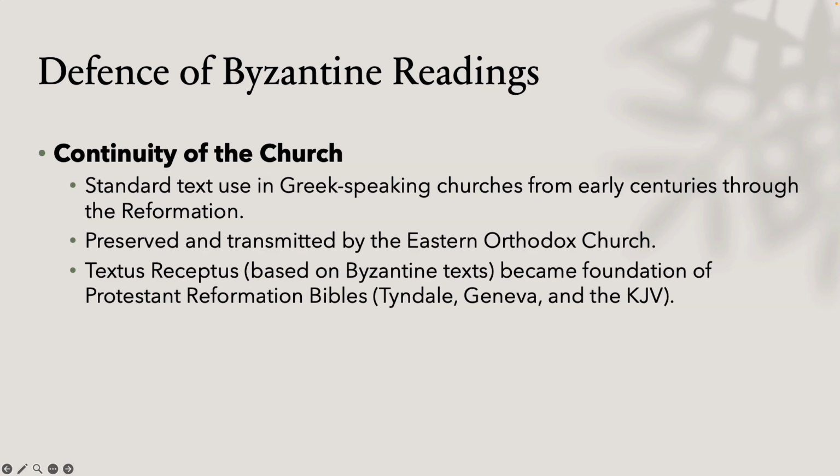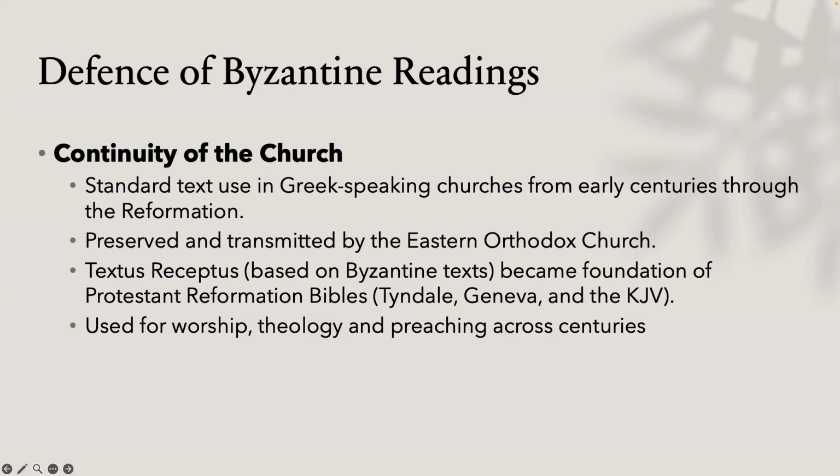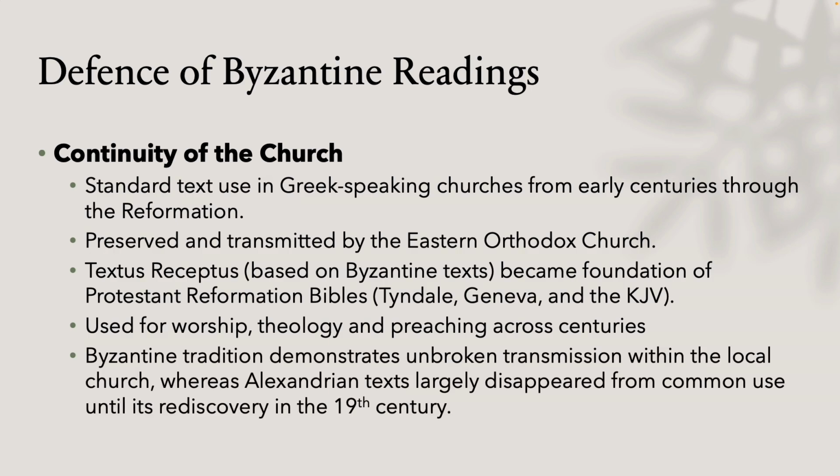So again, showing the continual use of these texts, and also the use of this text within various churches in worship, in theology, in preaching across the centuries, again supports its authenticity as the preserved word. The Byzantine tradition demonstrates unbroken transmission within local churches, whereas the Alexandrian text largely disappeared from common use until its rediscovery in the 19th century.